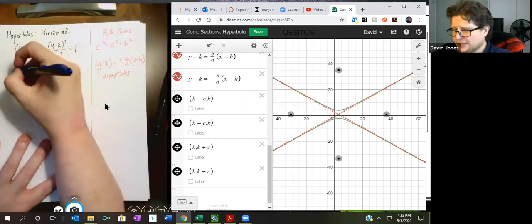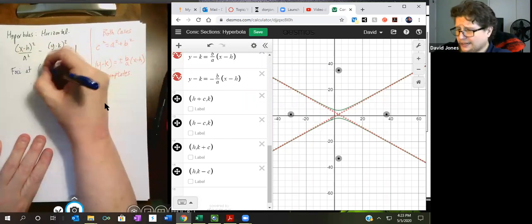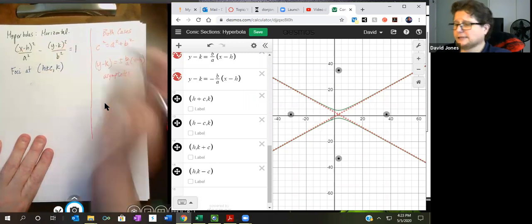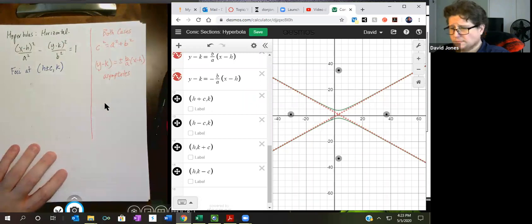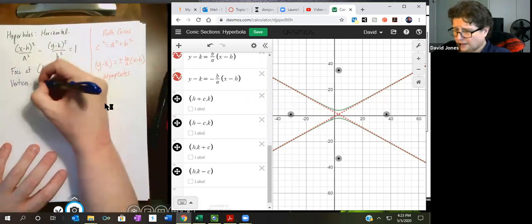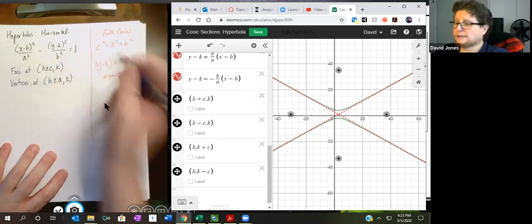This one has foci at h plus or minus c comma k. The vertices here are at h plus or minus a comma k.